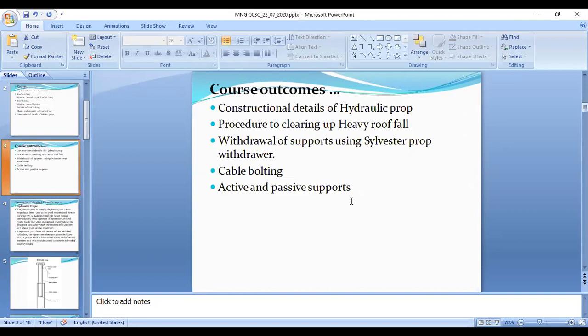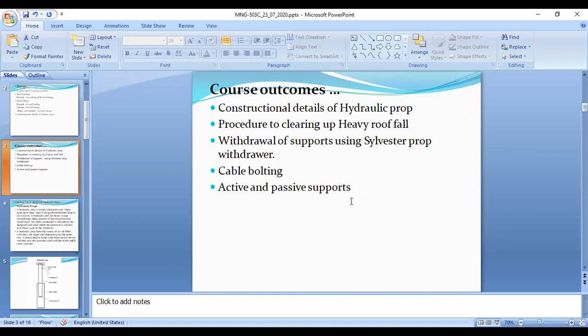To carry the load, we ourselves offer some resistance to the roof. So being active is nothing but activating the support system, so that by virtue of their installation, they start carrying the load. Such kinds of supports are called active supports.